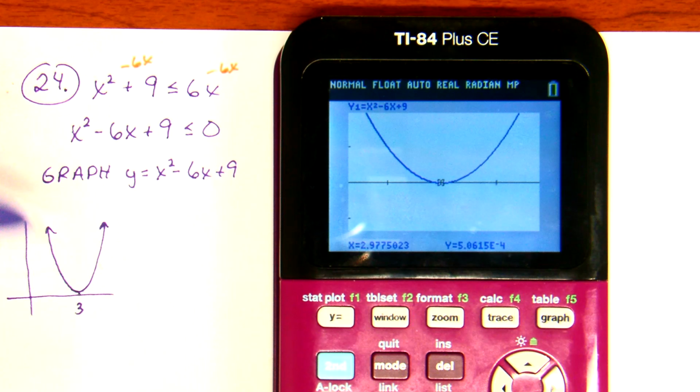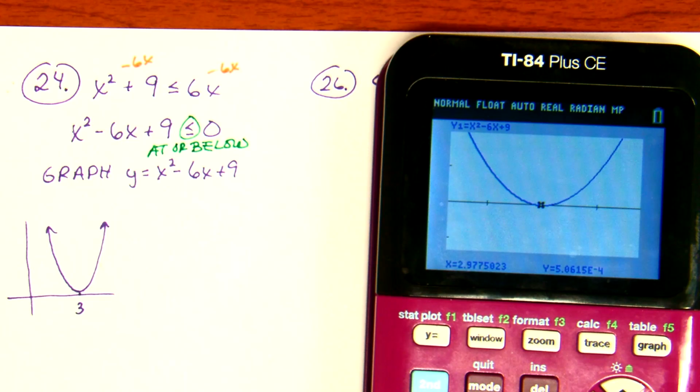It wanted less than or equal to, which means we want to know when is the graph at or below the x-axis. And I say at or below because it's equal to, right? When is it below the x-axis? Does my graph ever go below the x-axis?